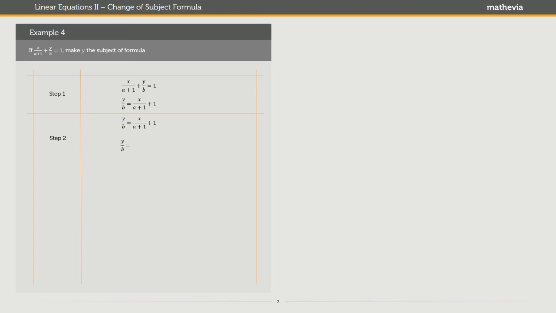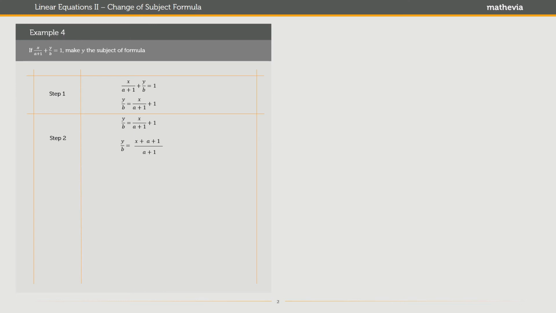So y/b equals, bringing in a common denominator a + 1, and basically what you have is x - (a + 1), because (a + 1) divided by (a + 1) is 1, multiplied by x gives x, and then (a + 1) divided by 1, multiplied by 1, gives a + 1. So we now have y/b = (x - (a + 1))/(a + 1).